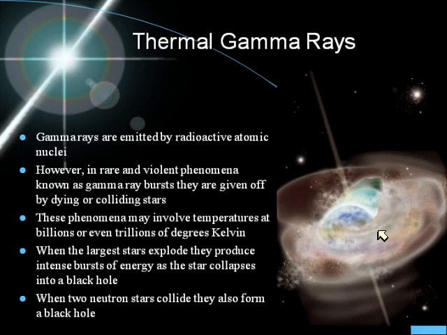When this happens, we get what's called a gamma ray burst, where the material from the object is heated to such extreme temperatures that it glows in the X-ray. When the largest stars explode, they also can produce an intense burst of energy. And gamma ray bursts can also be indicative of the dying of the most massive of stars.